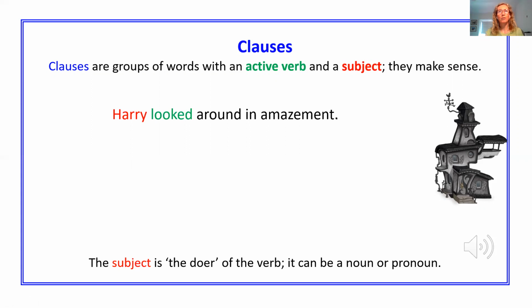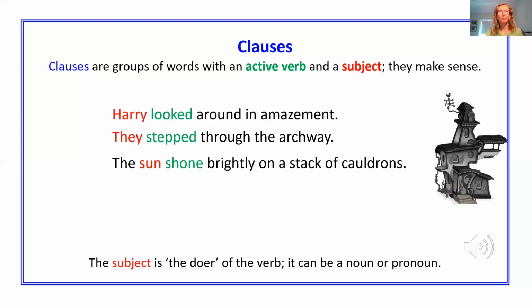Harry Potter looked around in amazement. So Harry is the subject and looked is the active verb. Well done if you spotted that. They stepped through the archway. So they is the subject and stepped is the active verb. The sun shone brightly on a stack of cauldrons.